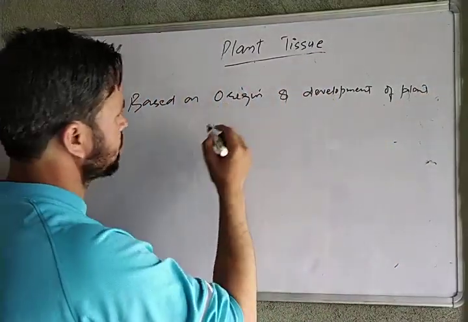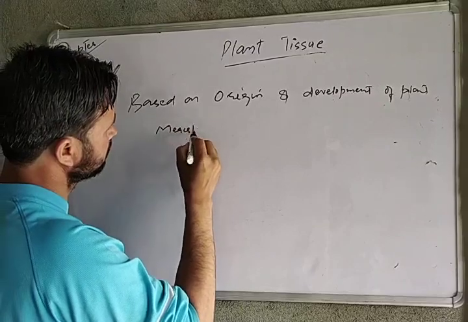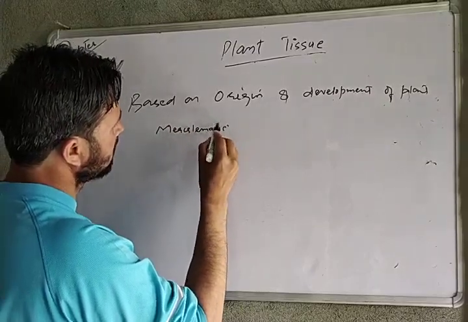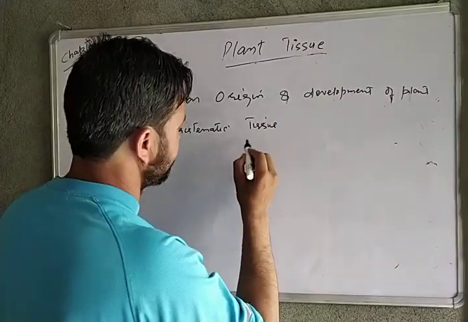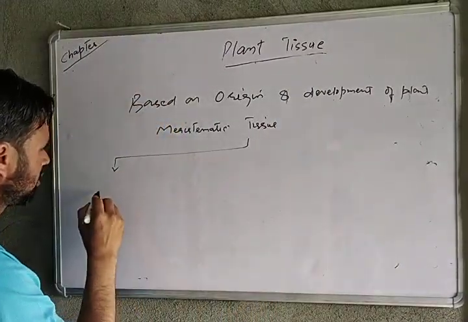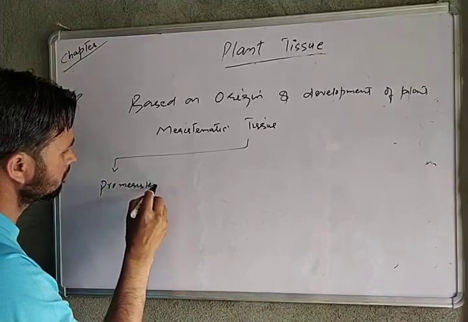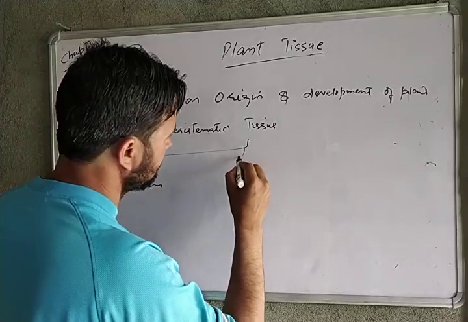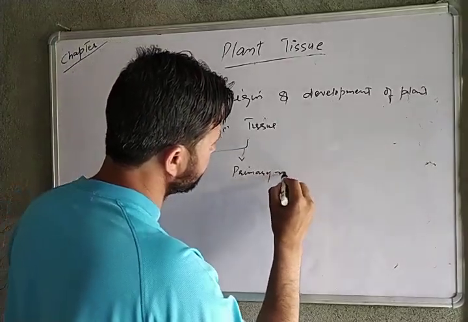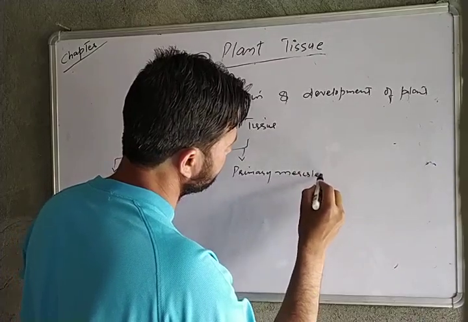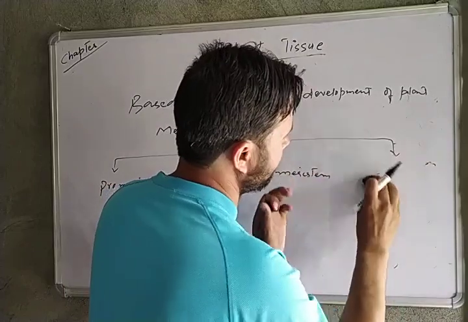this meristematic tissue has promeristem, primary meristem, and secondary meristem.